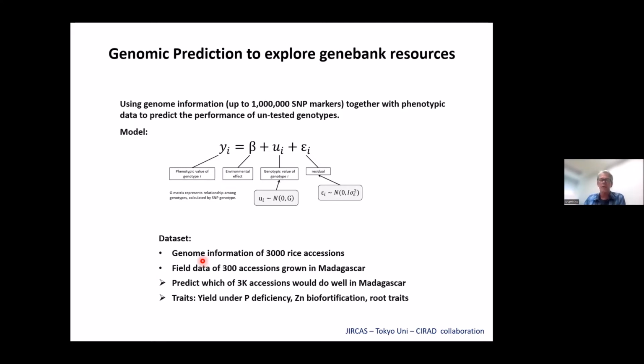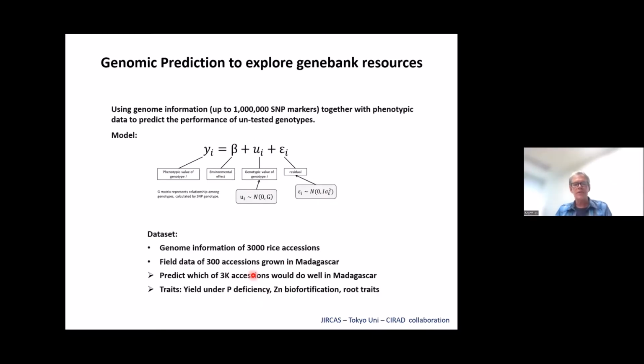So what we have done is take 300 of these accessions, so 10%. We've grown them in Madagascar, phenotyped them, and then used the phenotype data in this sort of model to predict the phenotypes of the remaining 2,300, so of all the 3,000. And then we can further test whether our predictions are correct or not.